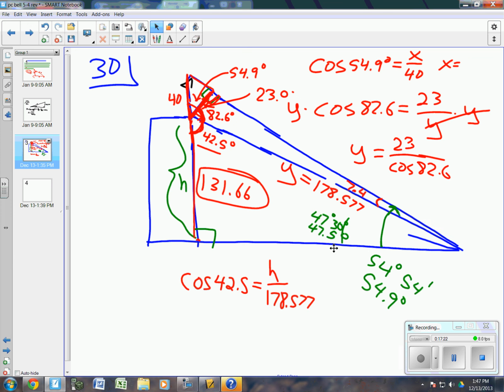Okay, so I'll put this unit circle up too. Okay, so, hey guys, what are the answers to this?